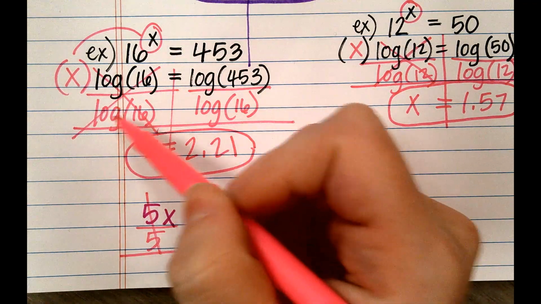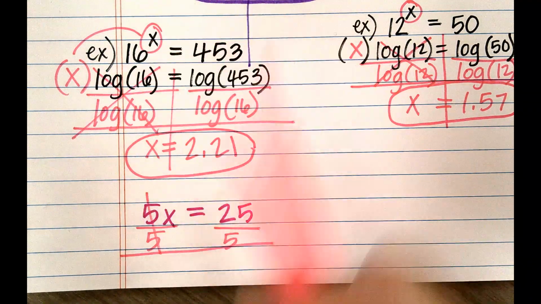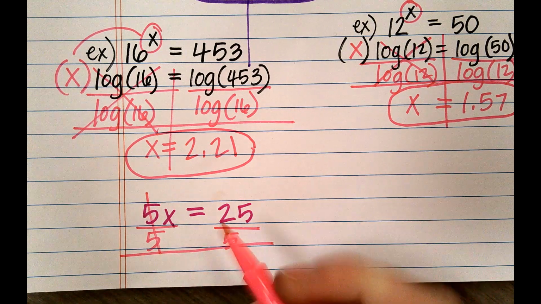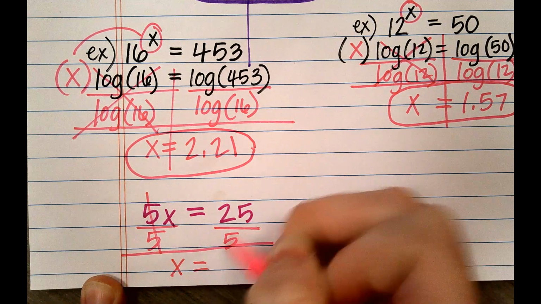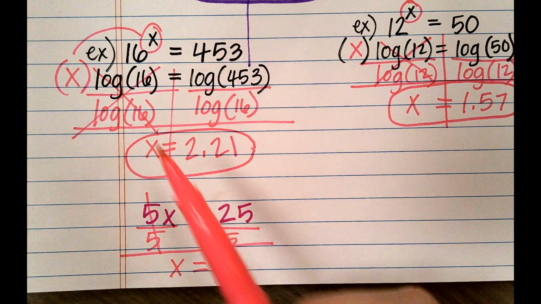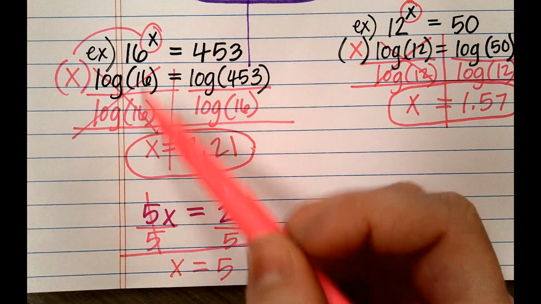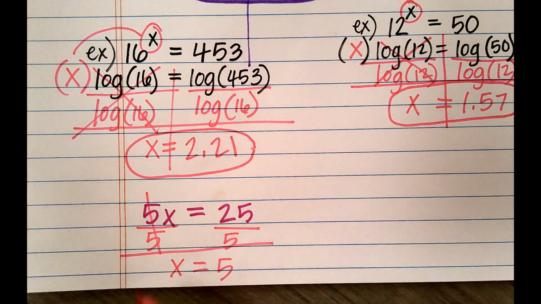If I don't write log of 16 underneath, I might forget to cross it out and think that it's still there. So we need to cross it out so that I can get x by itself. That's why we're writing it double. I wrote 16 twice. We're doing it double here so that we know it cancels, just like with this, we're writing 5 twice so we know it cancels. Yeah, that's a good question though.